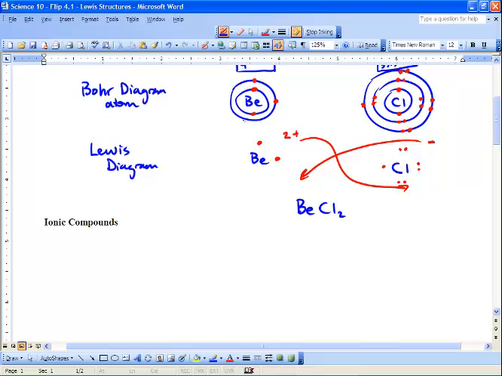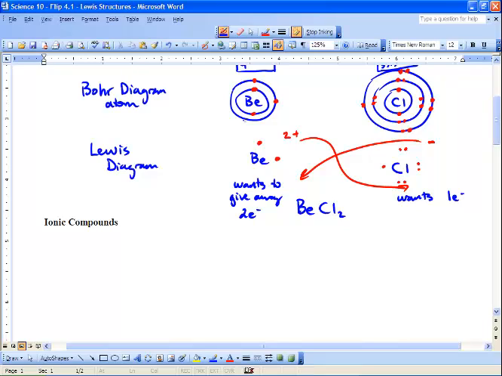Well, it means that we have 2 Cl's for every beryllium. So the beryllium wants to give away 2 electrons, and the chlorine wants 1 electron, so that they can both be full.